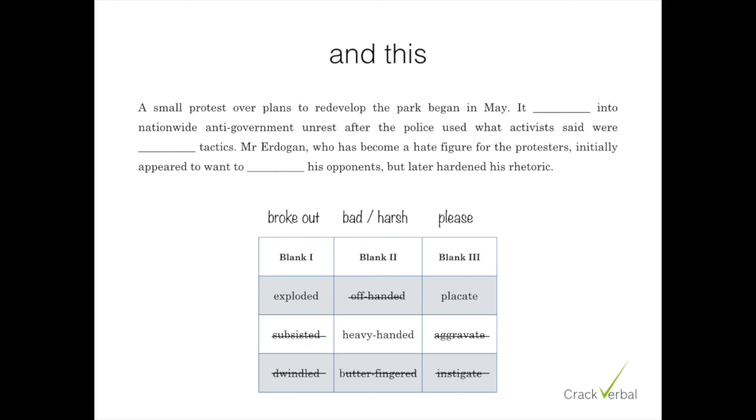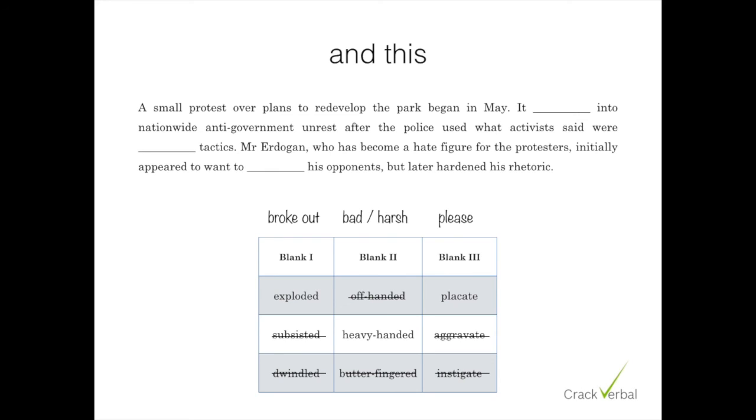And also remember, for triple blanks or double blank text completion, getting one of the blanks right does not give you a point or a half a point. There are no partial right answers. If you get one of the blanks wrong, you don't get any points at all. And this is another thing that makes text completion difficult.